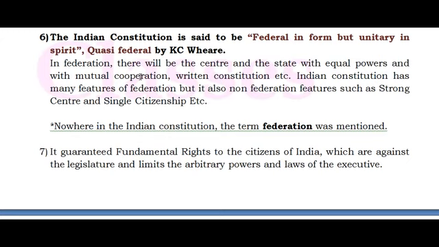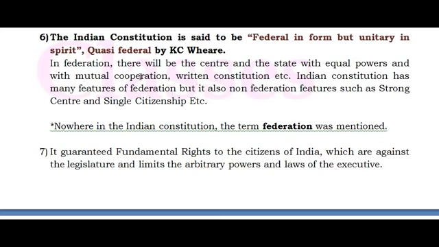And there will be center and states with equal powers, but we have a strong center. So we have some of the features a federation requires, but we also have some non-federal features, like a strong center and single citizenship. It seems federal in form, but it is not really federal.